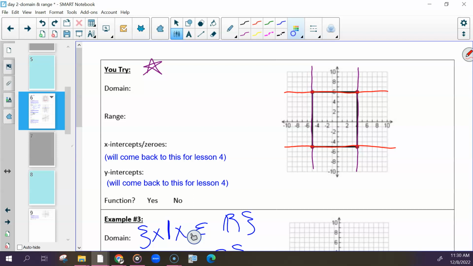Would it be 4 or... For the furthest point to the left, it would be at -5. 4 would be your furthest point to the right, though. So how would we write that?